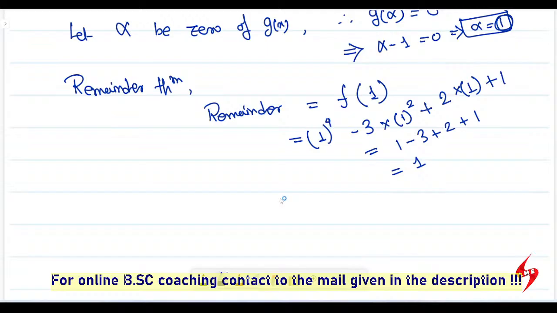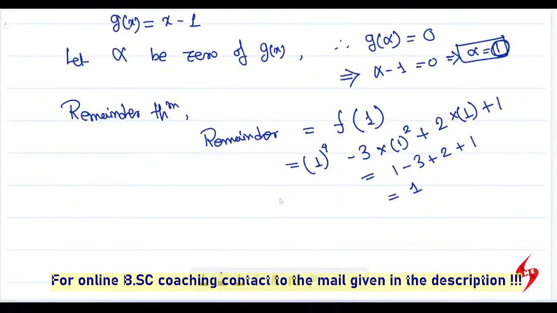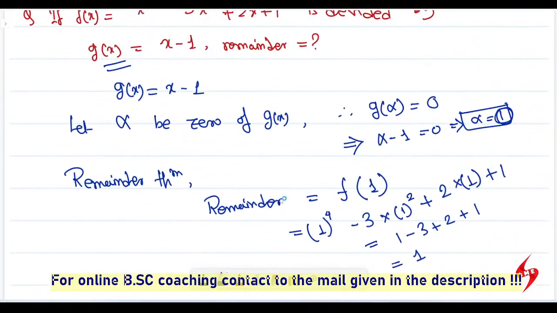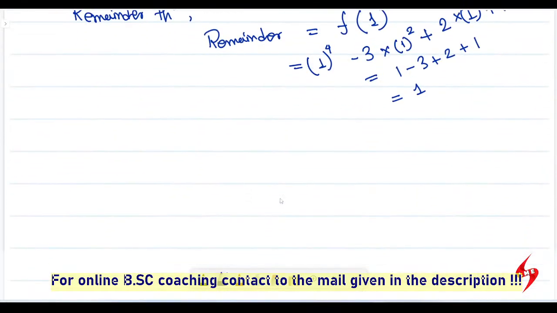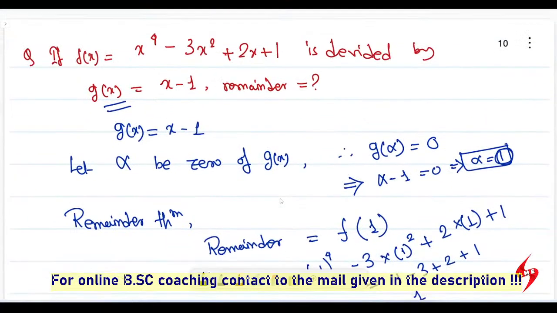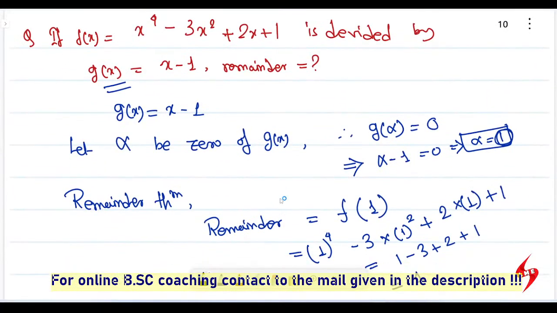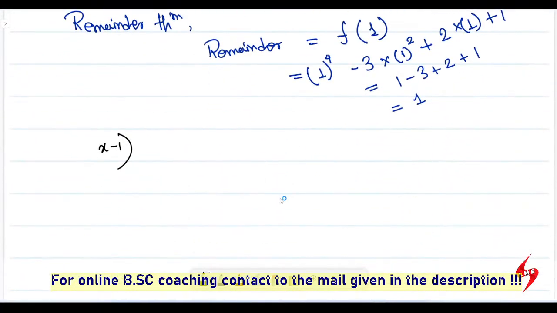So can we verify it? Of course we can verify it. So I am verifying. Here I am dividing f of x, that is x to the power 4 minus 3x square plus 2x plus 1, by x minus 1.